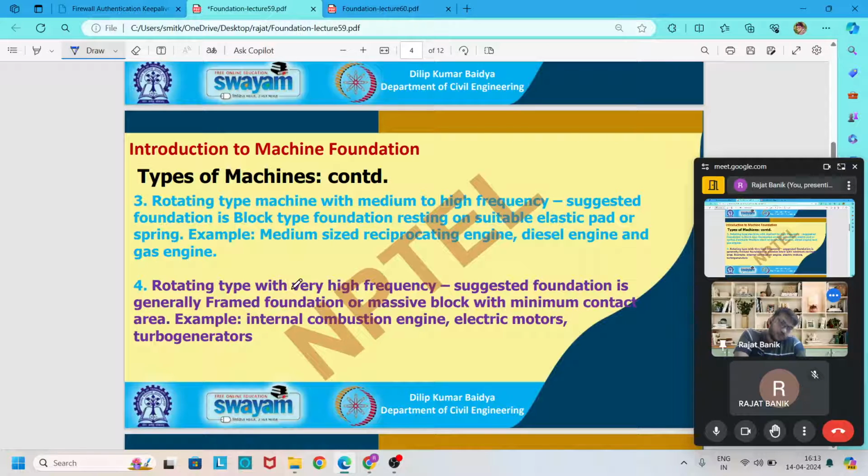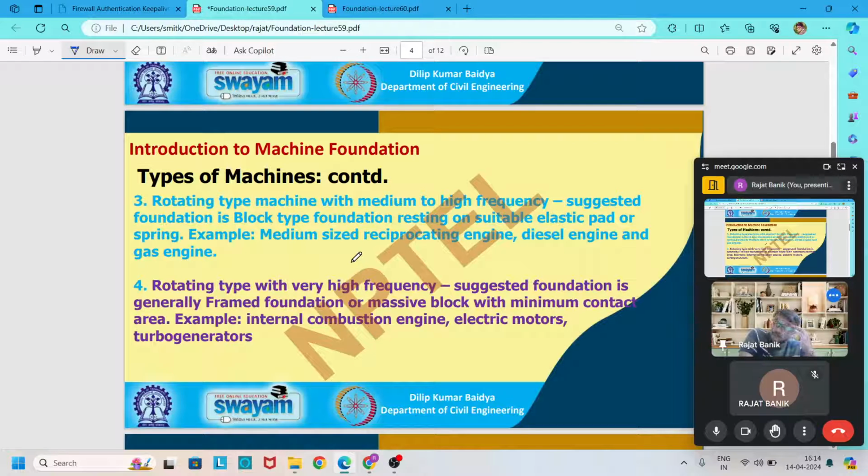Then, rotating type with very high frequency. For this we use framed foundation or massive block with minimum contact area.